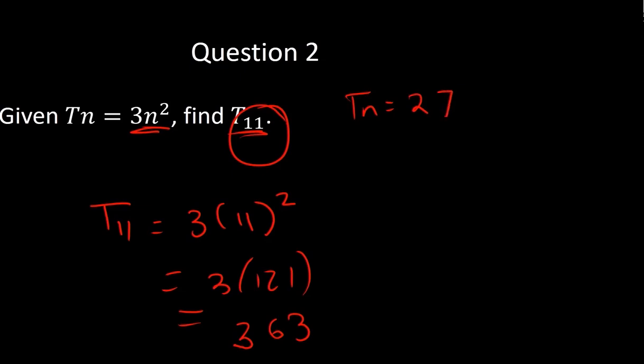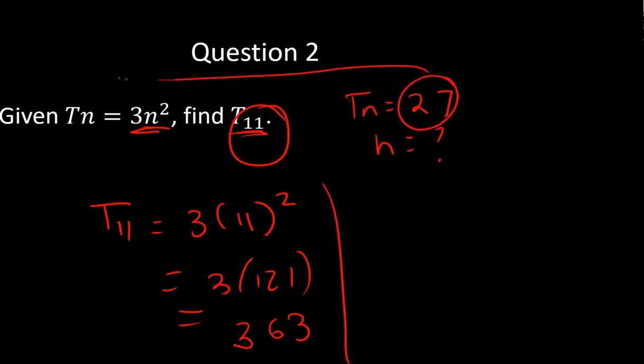So if Tn is equal to 27 and we are asked to find out what n is, then what we would do is we'd simply substitute Tn as equal to 27, and we are solving for n. So we want to find out what position this value, this 27, is.